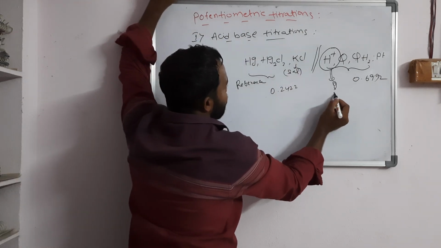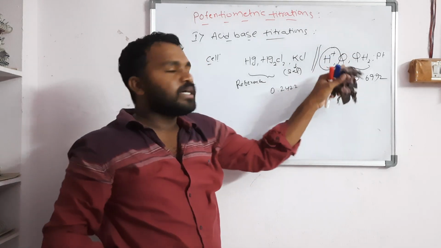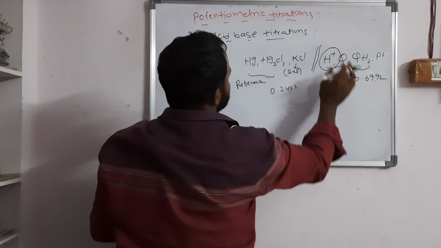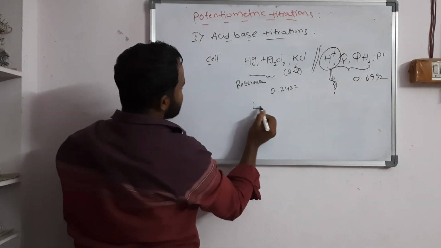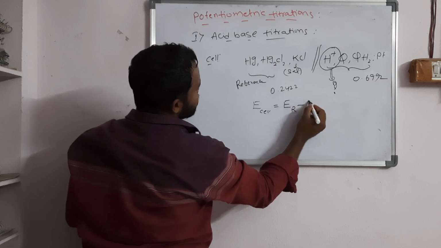In the next applications of EMF measurements, we will calculate the H+ ion concentration using the glass electrode and the hydrogen electrode. First we write E cell equals E right minus E left.